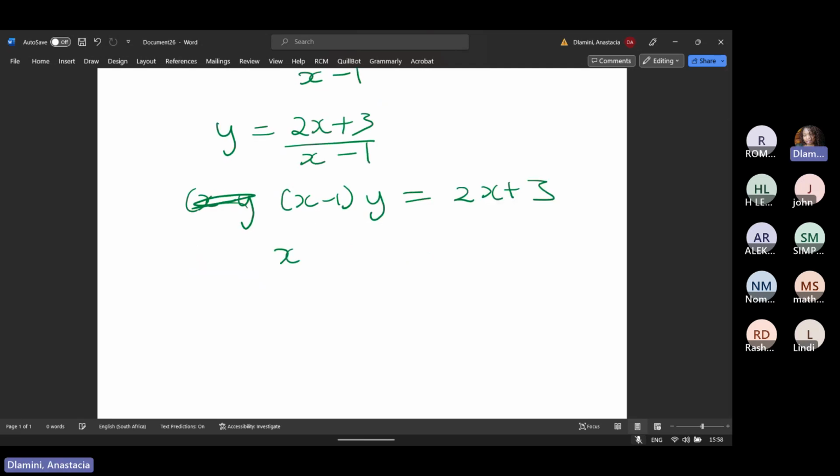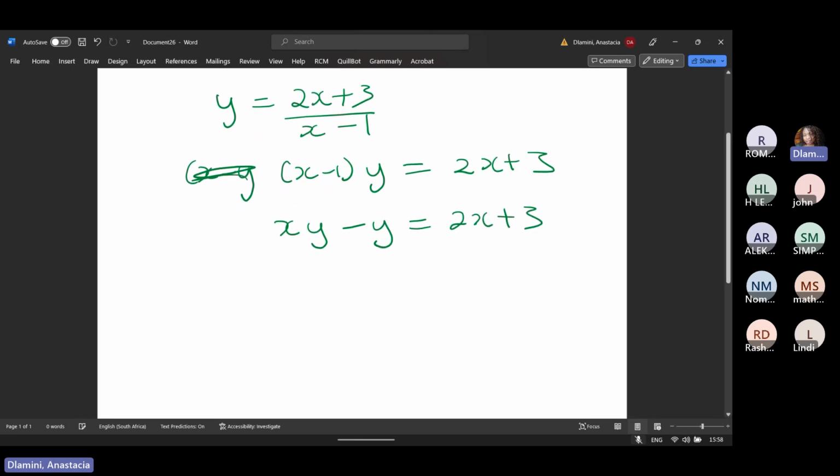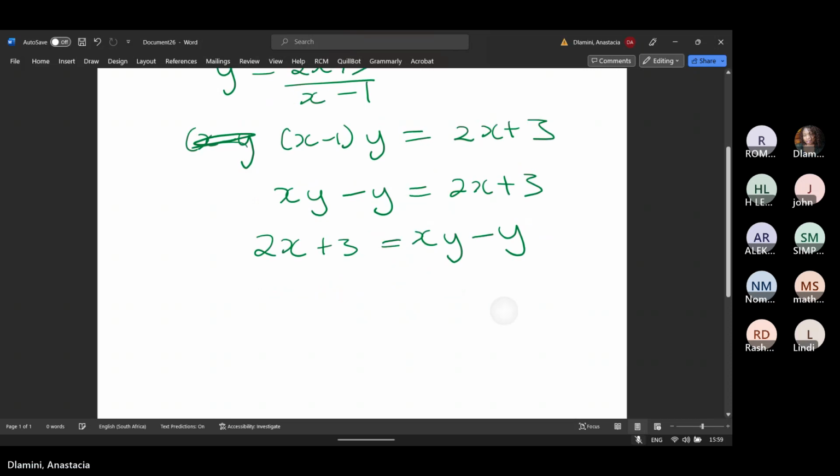Then xy minus y is equal to 2x plus 3. So I want to write x with respect to y. So I say 2x plus 3 equals xy minus y. Right?